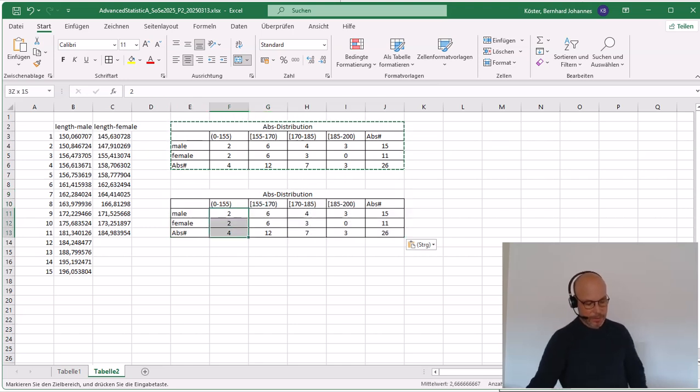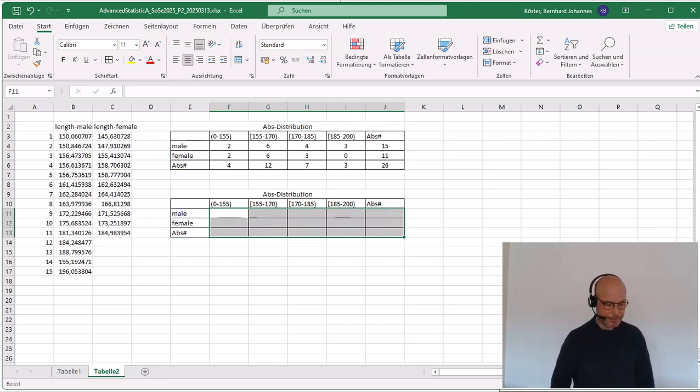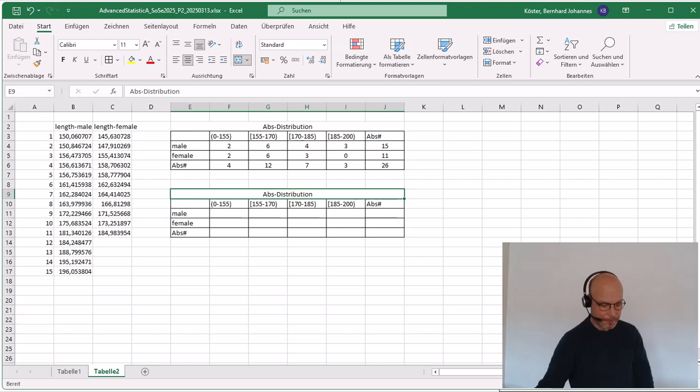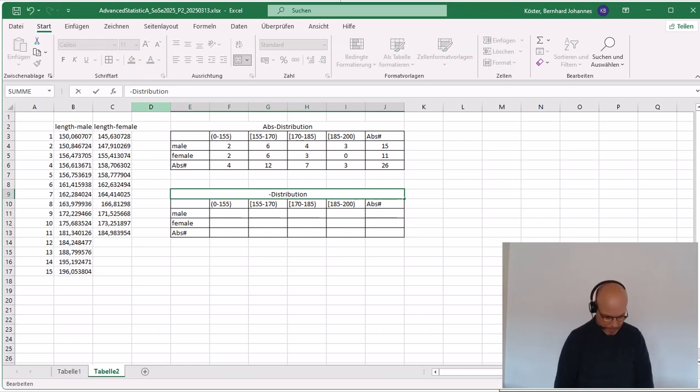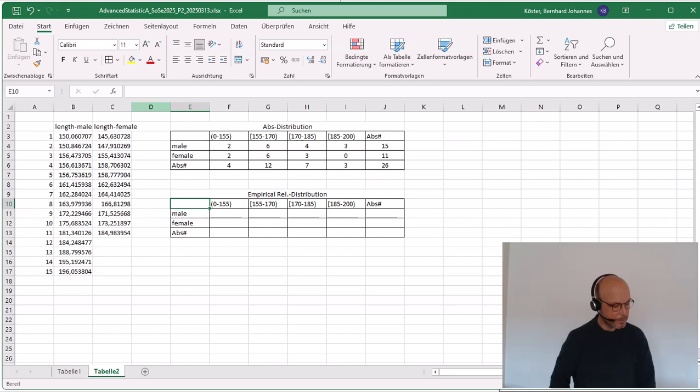What do I have to do then? So this is the relative distribution, the empirical one.